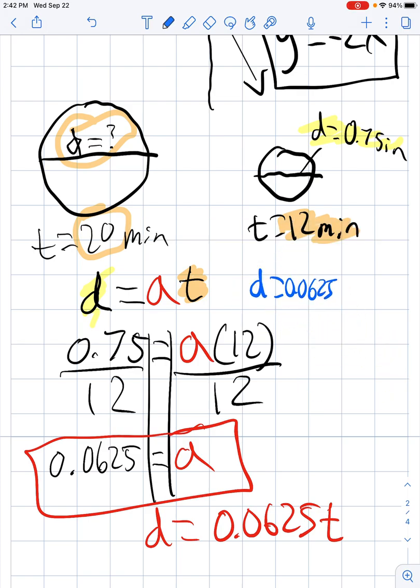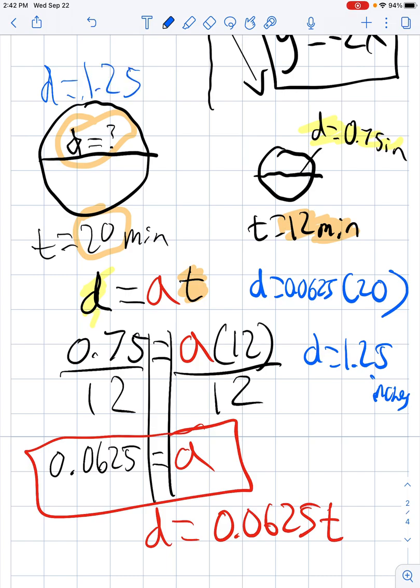Just going to move it over so I got some more room. And after I multiply that out, I'm going to find that d equals 1.25 inches. So again, what's my diameter after 20 minutes? 1.25 inches.